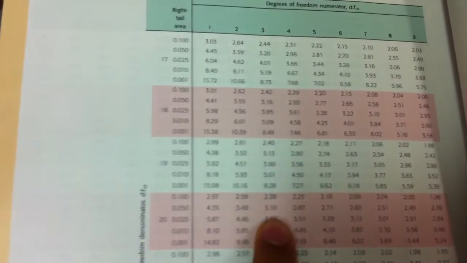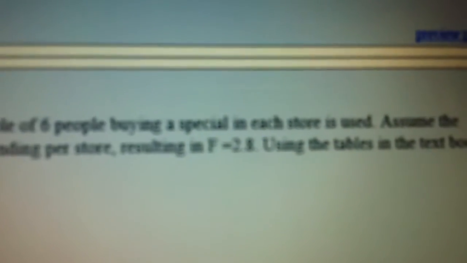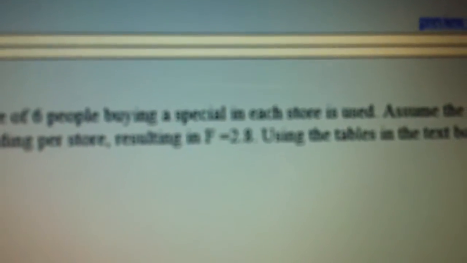Here we have 20 and 3, we lined it up, and the question tells you your F statistic right here is 2.8. So you look for which one is closest to 2.8, so that's between these two, right? So you go here, it's between 5 and 10%.